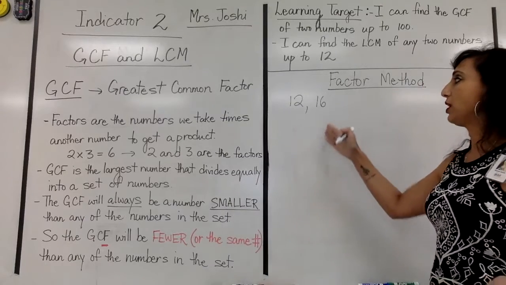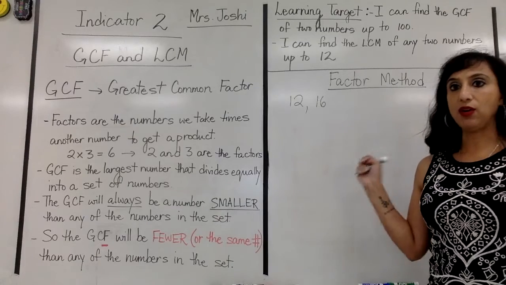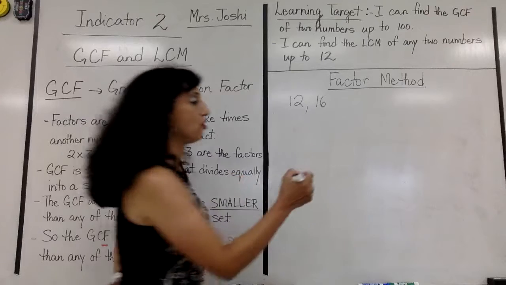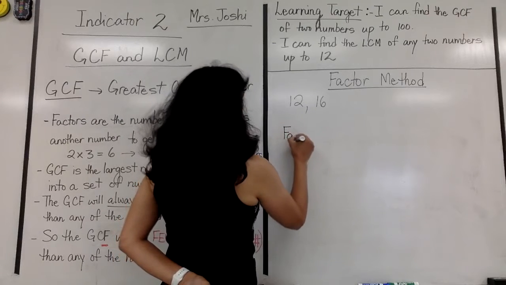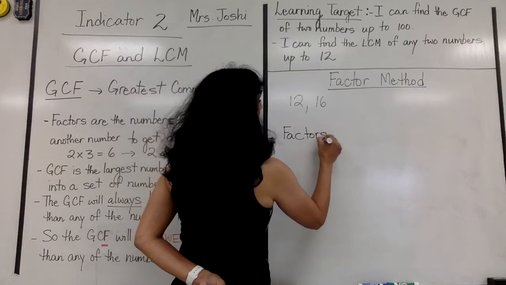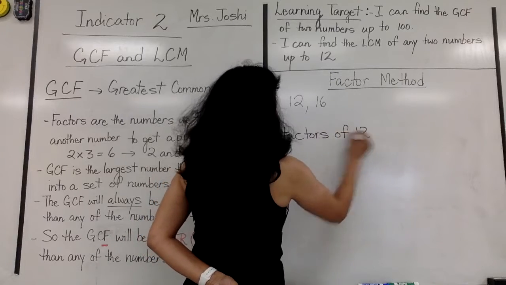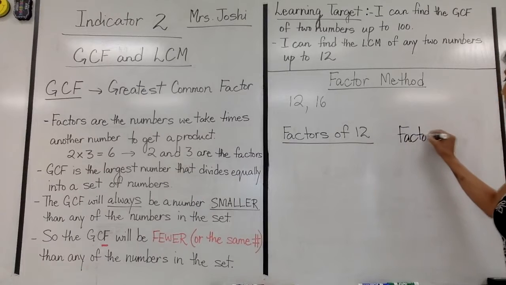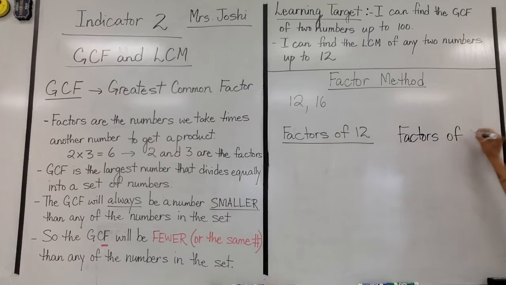So what times what gives me 12? We're going to list all the different things. So I am going to write down over here factors of 12 and factors of 16.